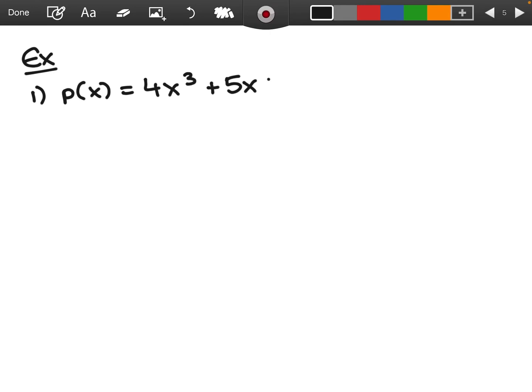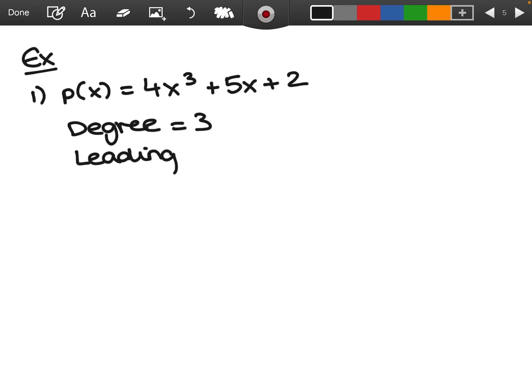I have P of x is equal to 4x cubed plus 5x plus 2. My degree would be the highest power of x that I have, which in this case is 3. My leading coefficient is the coefficient that's in front of that highest power of x, which would be 4.